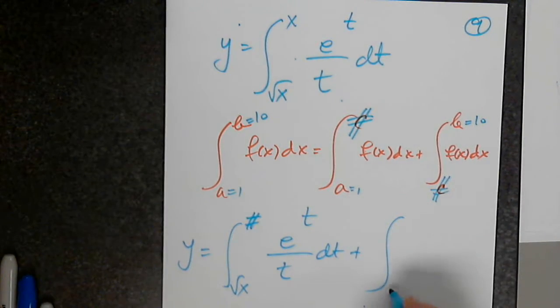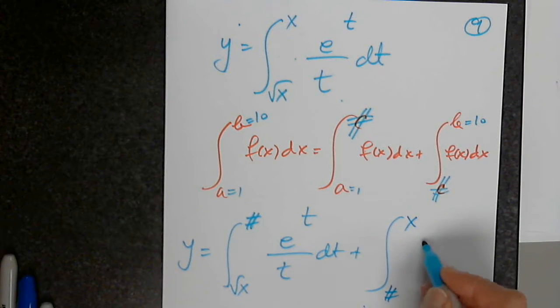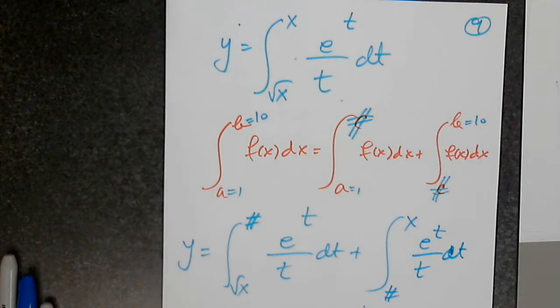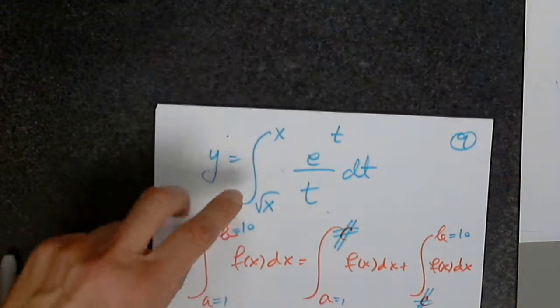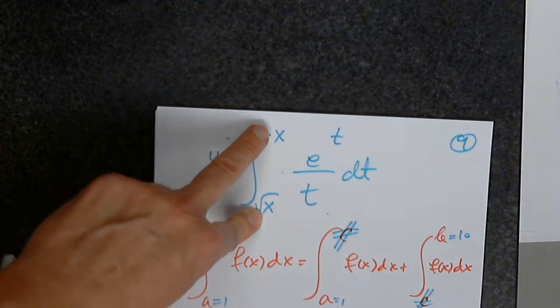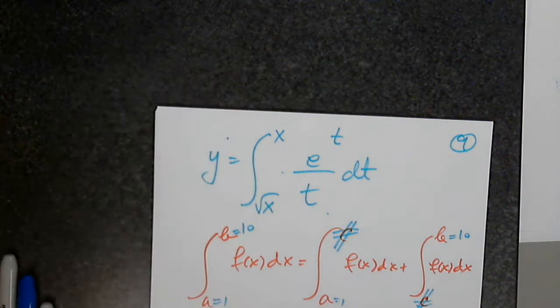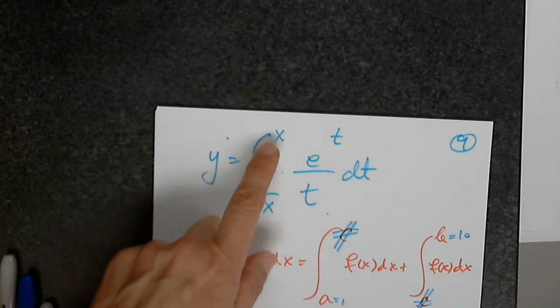So with the square root of x and x, we can literally choose any number we want. It doesn't have to be in between anything, because we're just getting the square root of x. Since this is a positive number, any positive number works. But I don't understand how you split that up.